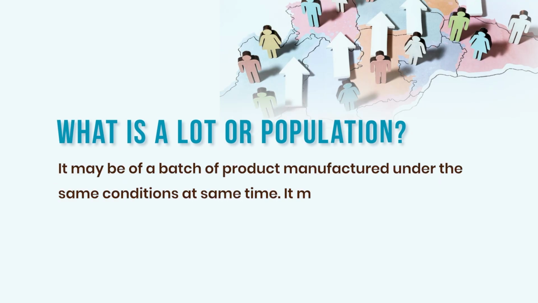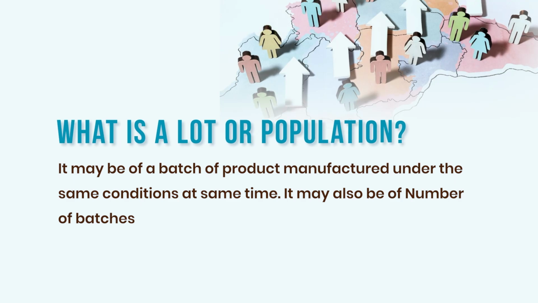A lot can be a batch of a product manufactured. Remember, if we are taking a sample from a lot which is a batch manufactured in the plant, then the batch is generally prepared under the same conditions at the same time, and the lot is basically a finite lot.